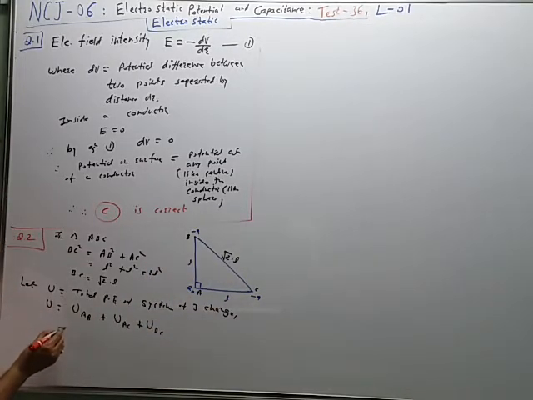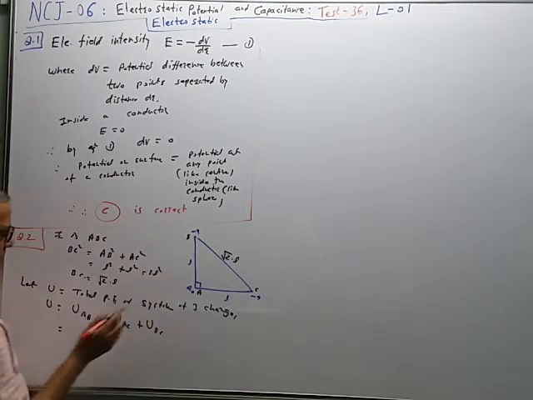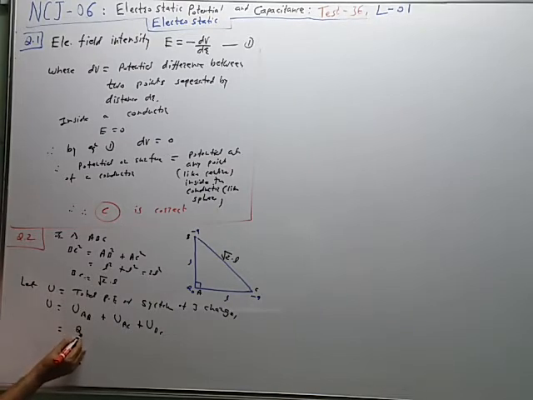So you can give this relation like this: UAB, so A and B charges. So plus Q0 into minus Q upon 4 pi epsilon naught. Now distance is AB.